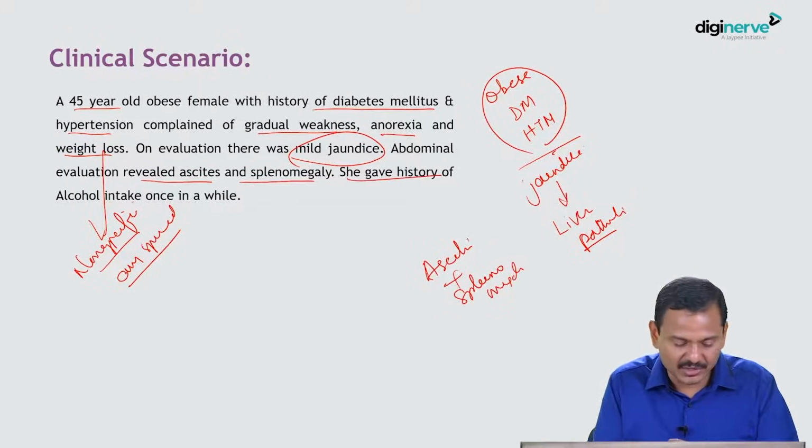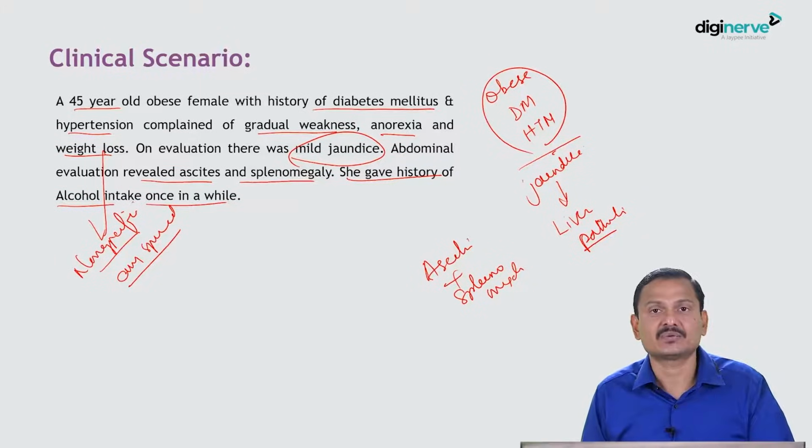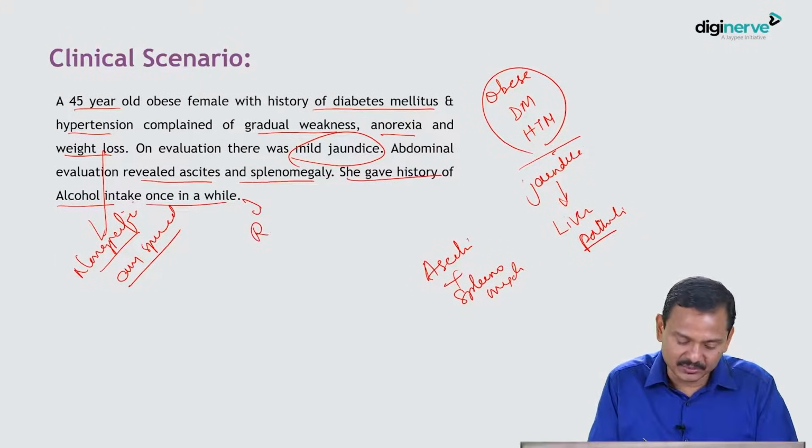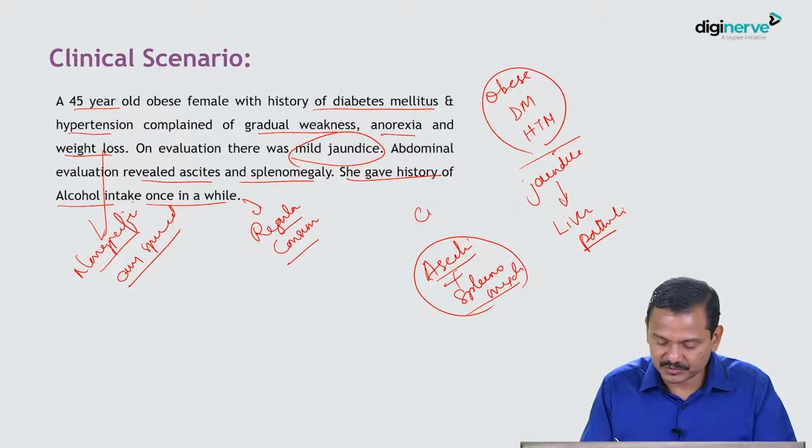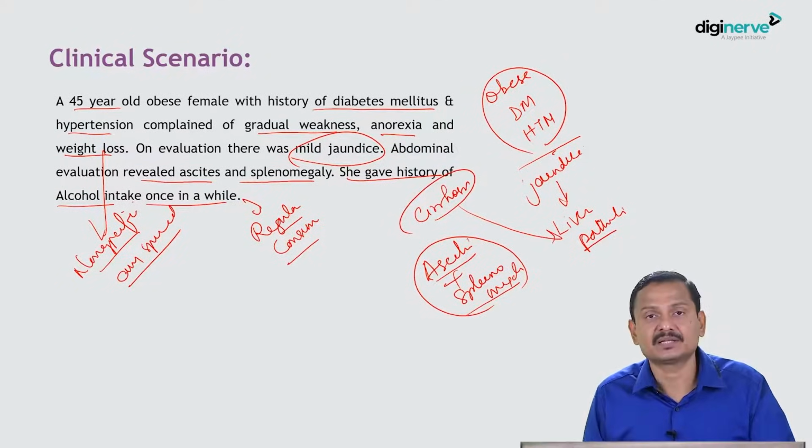She gave a history of alcohol intake once in a while, so she did not consume alcohol regularly. So she has ascites, she has splenomegaly. All these favor a possibility of cirrhosis, and that can also explain the jaundice that this patient is having.